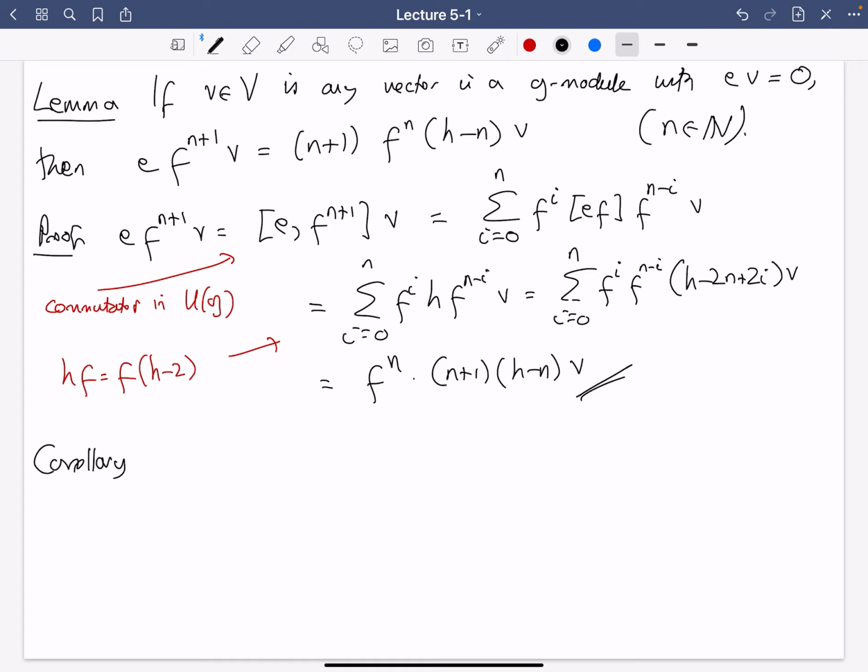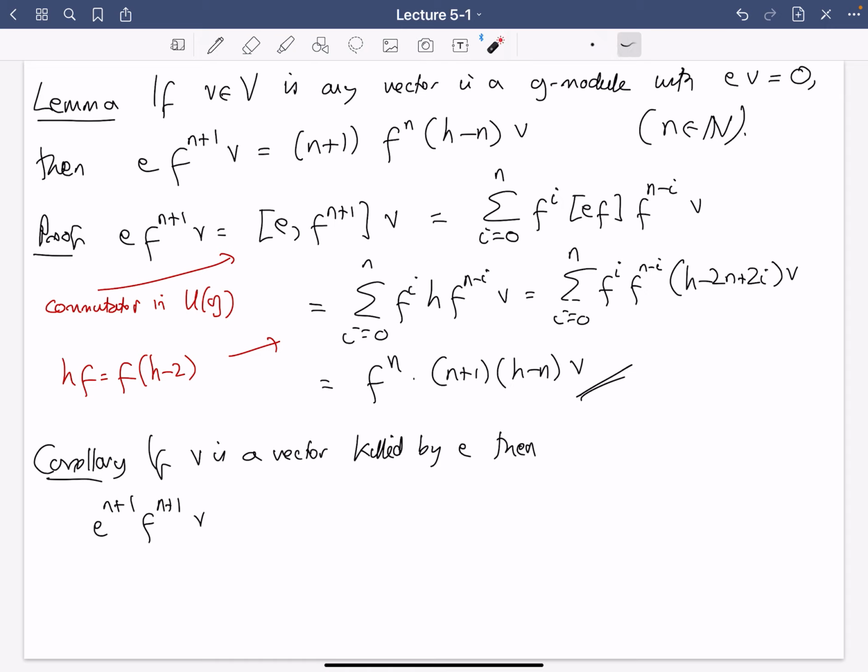Corollary: if v is a vector killed by E, the corollary tells you how to calculate E to the n plus 1, F to the n plus 1, v.